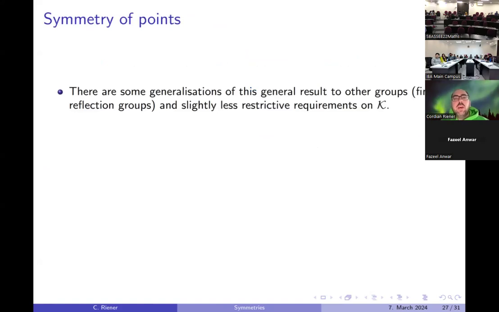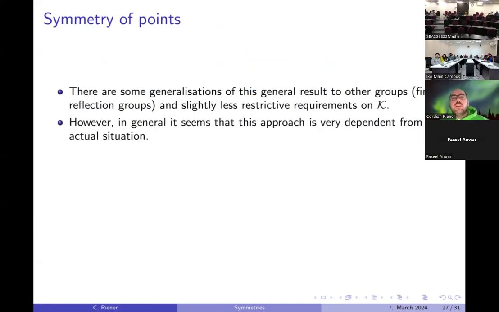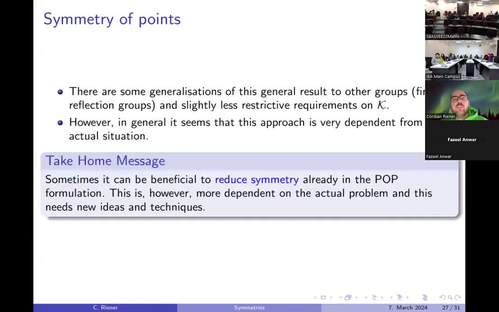There are some generalizations of these results to other groups, I mentioned already finite reflection groups, but it seems to heavily depend on the actual situation. So take-home message number 2 that I wanted to tell you is, if you are ever in the situation that you have a concrete polynomial optimization problem and you want to compute it, it may be important to see what other information you have about this optimization problem.